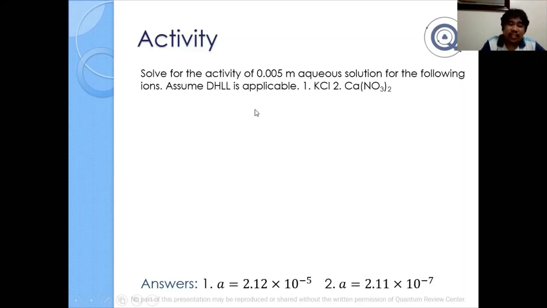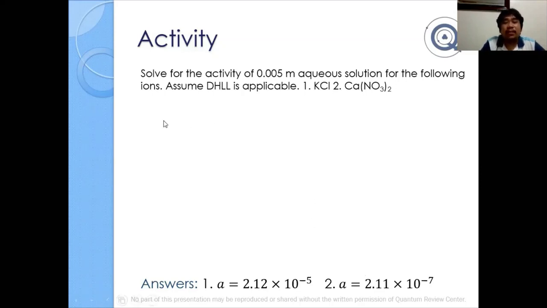Again, sa board exam, kung hindi nakastate na extended Debye-Hückel limiting law yung gagamitin, of course, you should assume that DHLL will just be used. Pag walang lumabas, saka kayo magpanic na gagamit kayo ng extended version. Pero normally, malapit lang naman yung value. Ginawa lang yung extended DHLL para mas exact yung estimation.